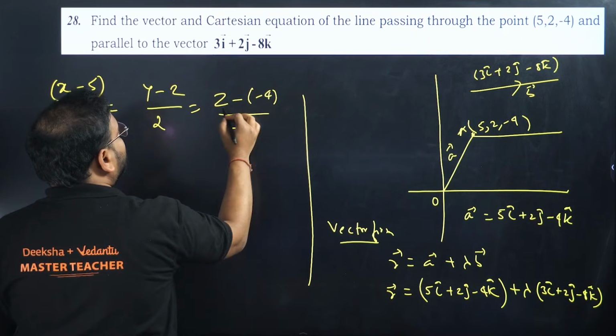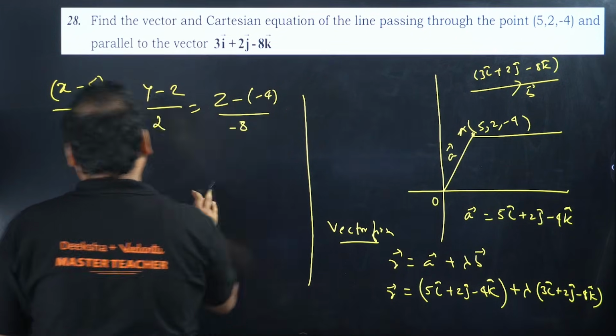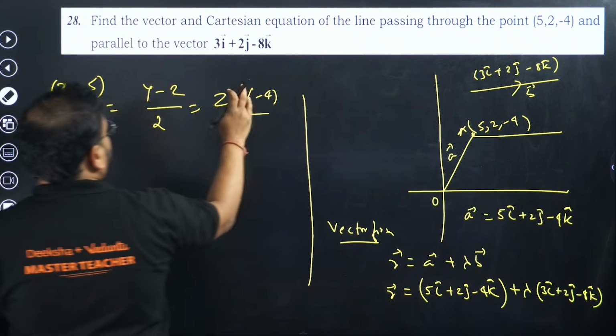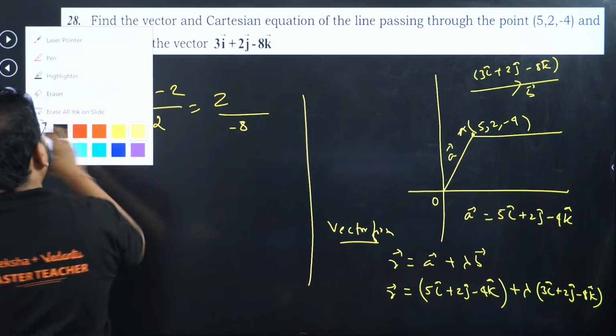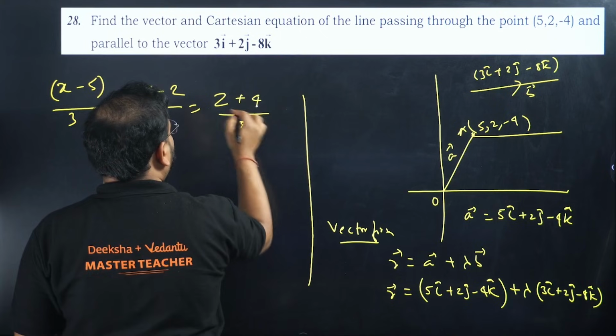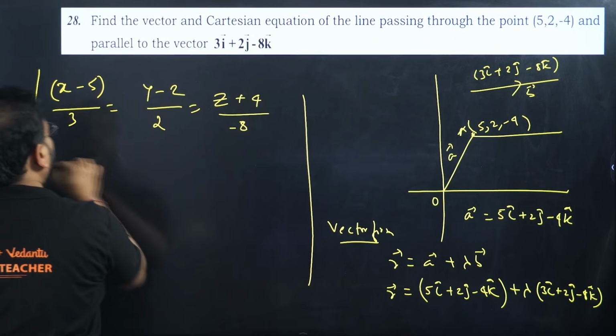It becomes plus 4 by 8, right? So my answer will be z plus 4 by 8. This is your Cartesian form.